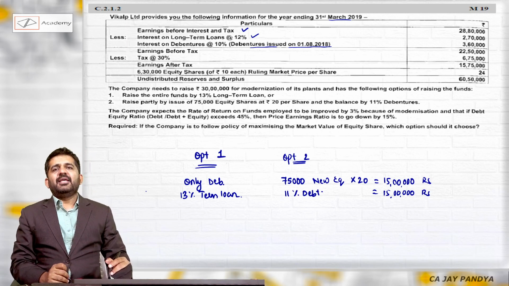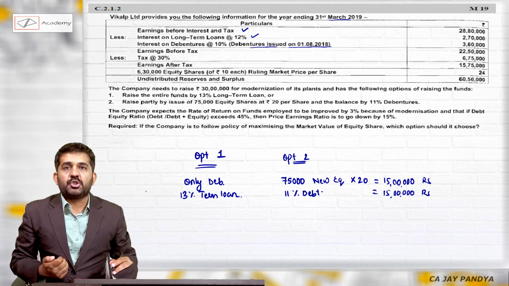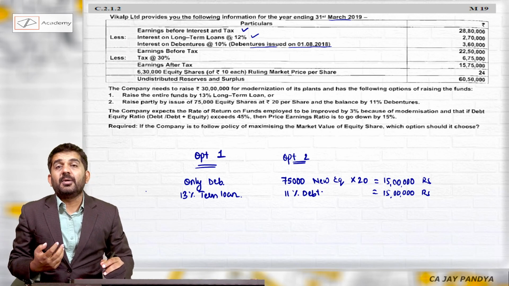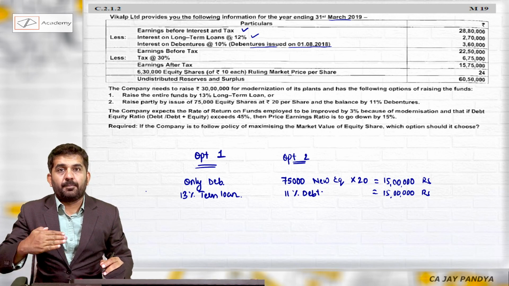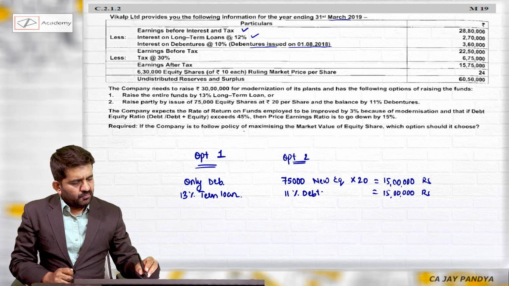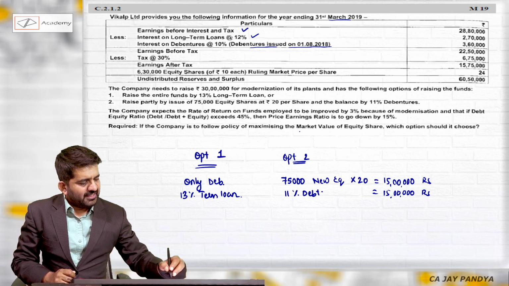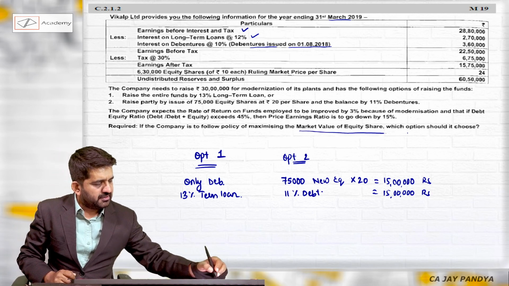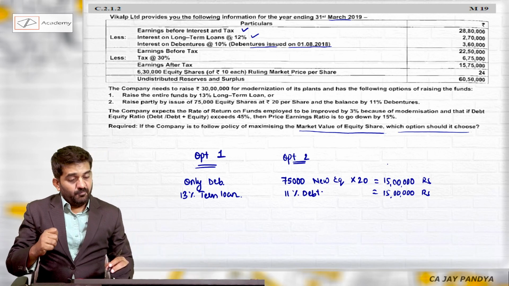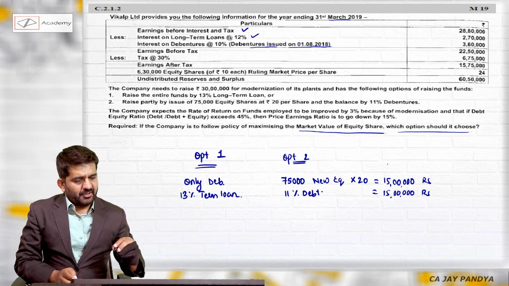So what they are saying is, if your debt proportion in the company increases, your risk will increase and your PE ratio, the price multiple, will go down. Required: if the company is to follow a policy of maximizing the market value of equity shares, which option should it consider? We should first find out current capital employed.